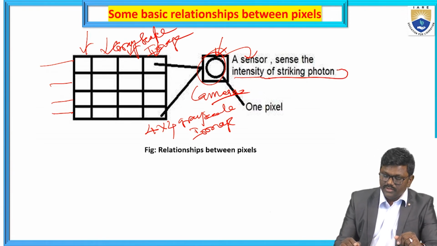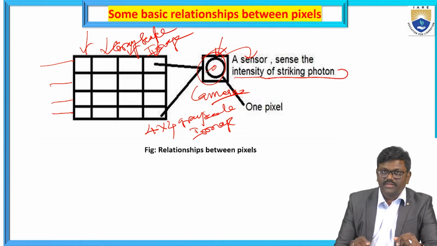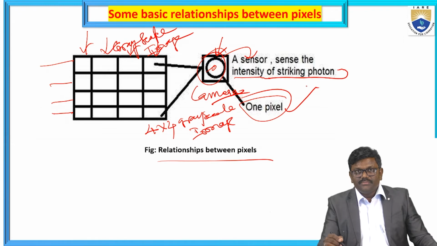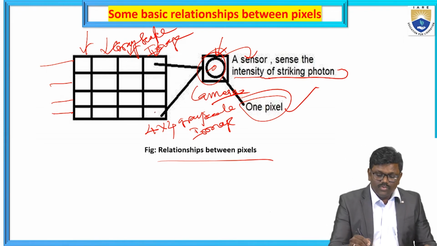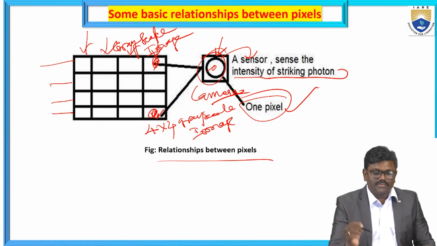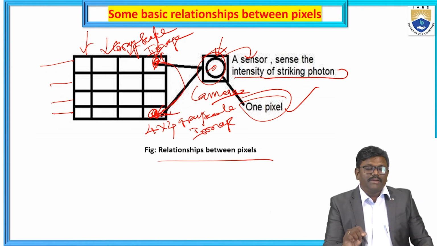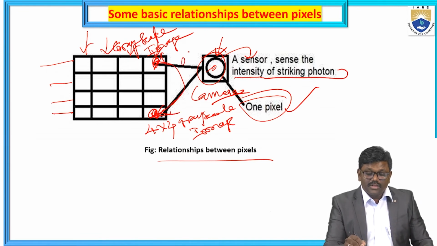A particular value captured here is called one pixel. It is captured by the relationship between one pixel and another pixel, so you compare both, in terms of 0 and 1.